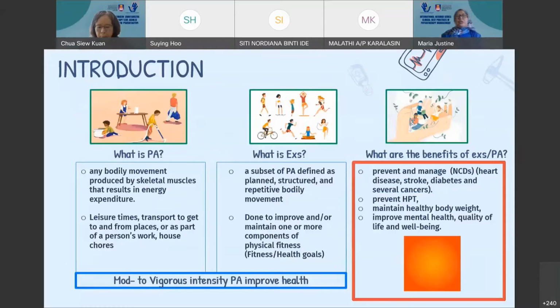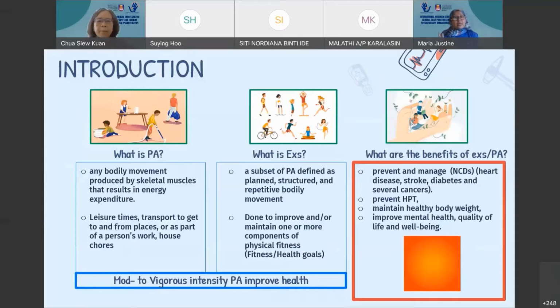Okay, for the introduction, I would like everyone to revise the meaning of physical activity, exercise, and the benefits of physical activity. I'm sure everyone has learned this when you attended physio school. Physical activity is any bodily movement produced by skeletal muscles that results in energy expenditure.